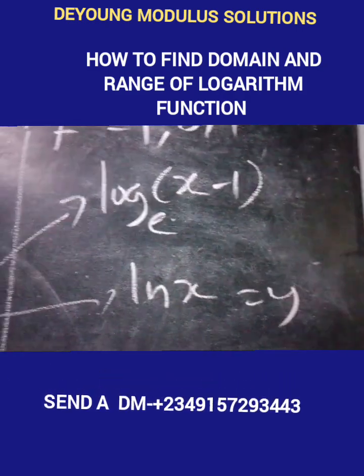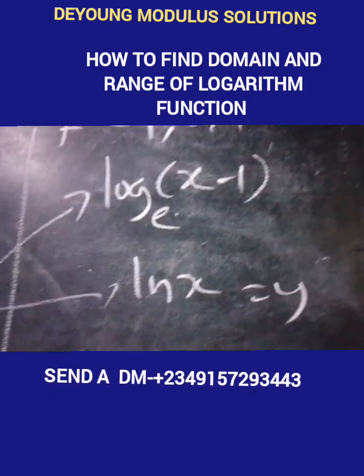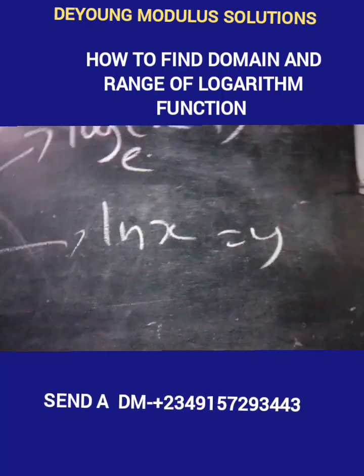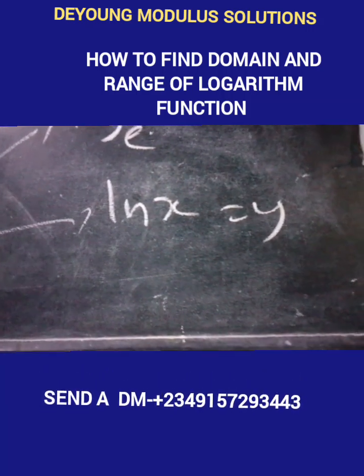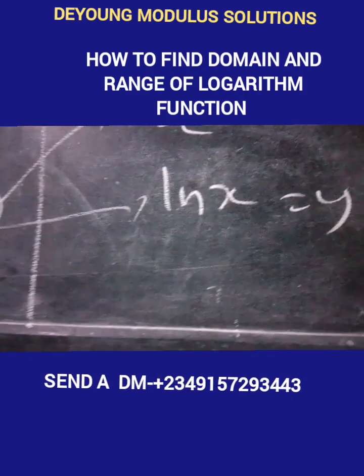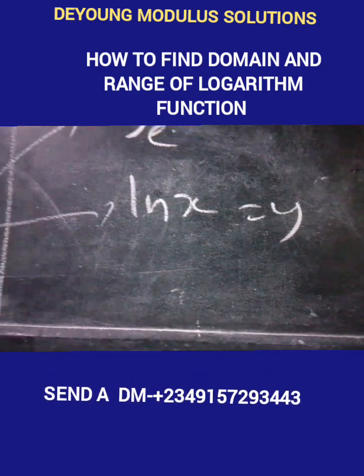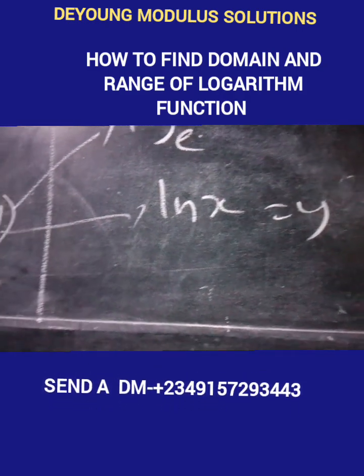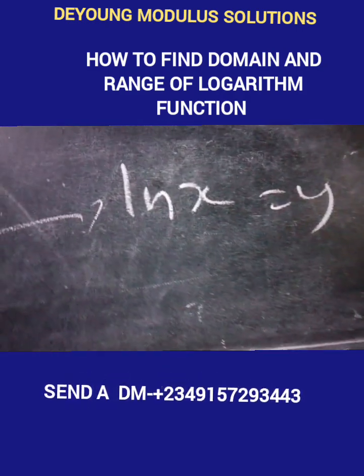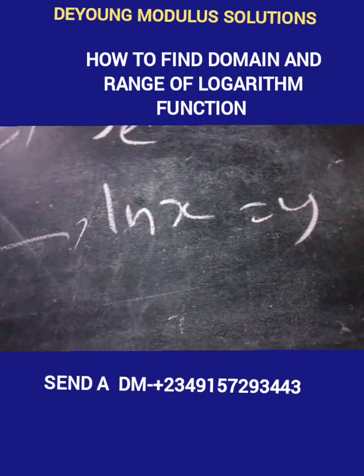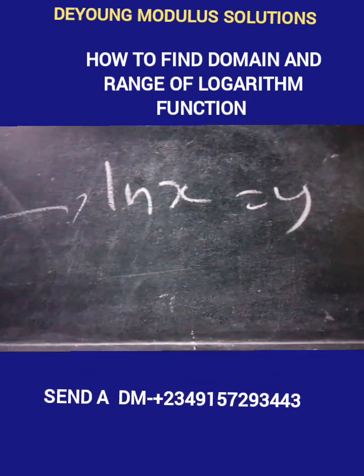If you put -1, you notice that in the calculator you are going to get math error. You can try that, pick a calculator and press ln of -1, you are going to get math error. If you press ln 0, you're also going to get math error. Can you see that? Then if you now put 1, 2, 3, that is when you now see a number given to you, real numbers.